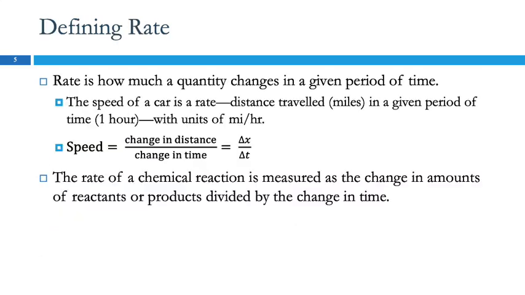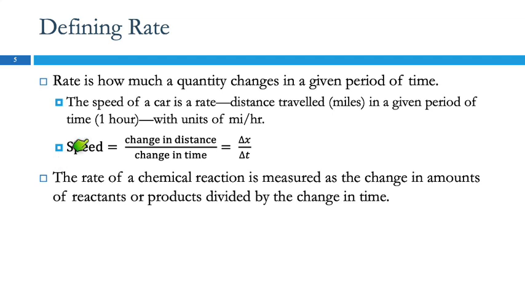So rate is how much a quantity changes in a given period of time. So when we talk about how fast you are driving on the highway, we're talking about miles traveled per hour, right?